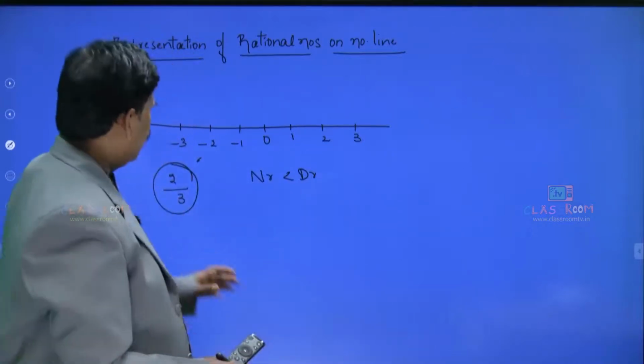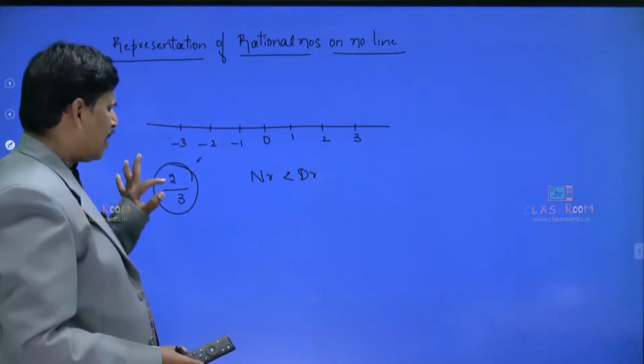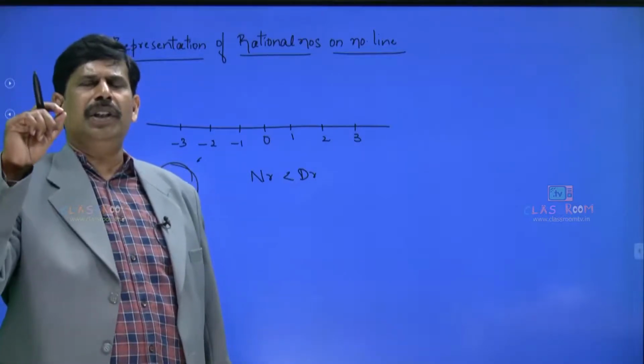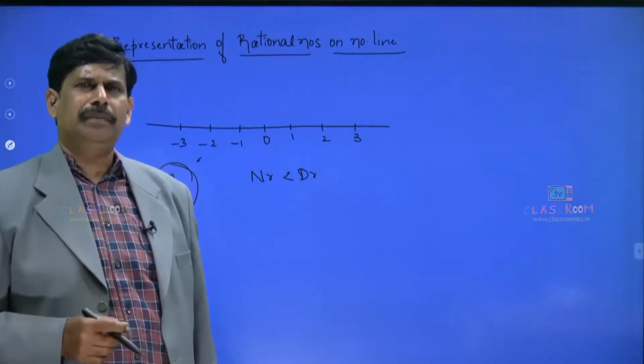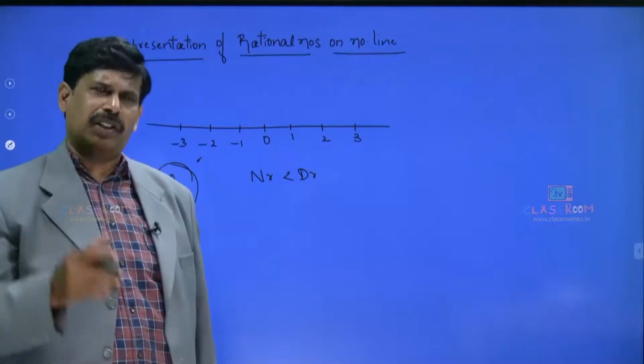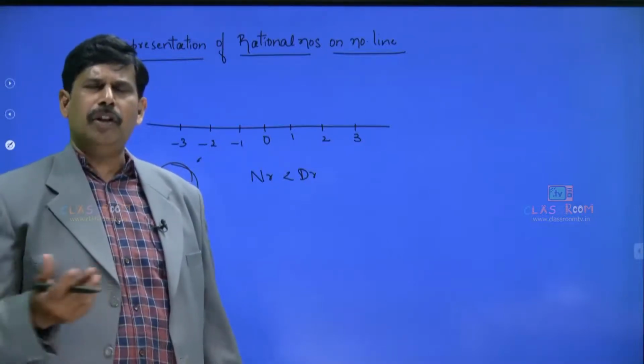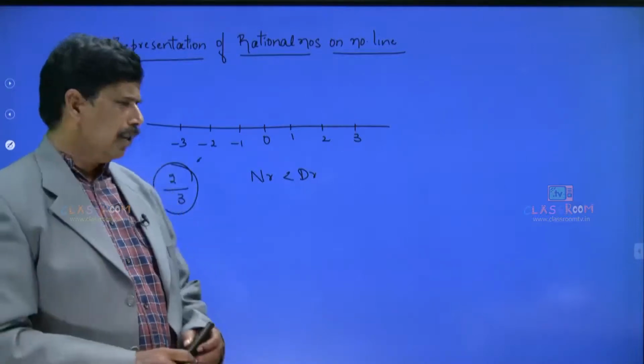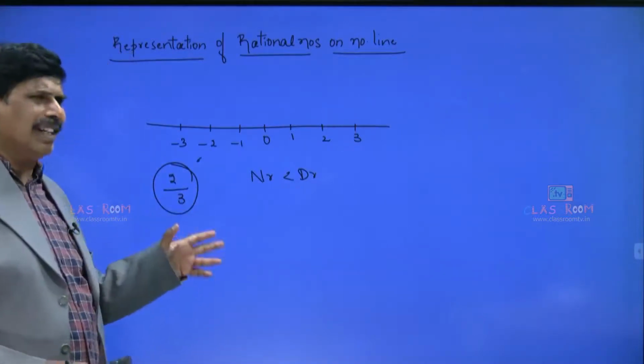So here 2 is lesser than 3. So it is a proper fraction. There are two types, proper and improper. So 2 by 3, 2 is less than 3.